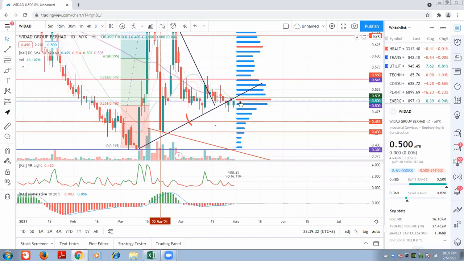It's stuck under this line. So the answer is that it needs to break with volume. The position is still good for this stock. It only needs volume to break the line.